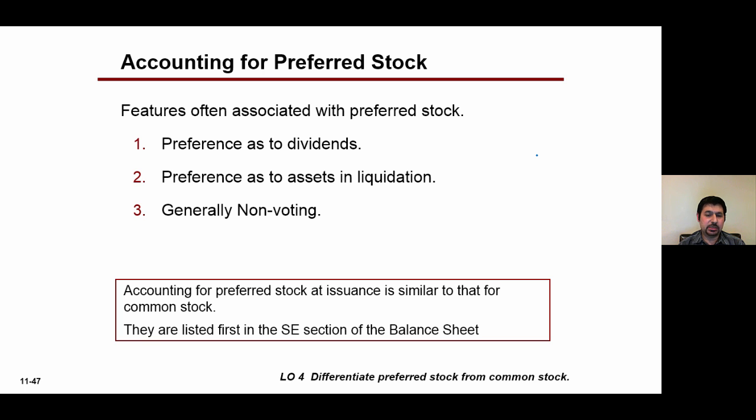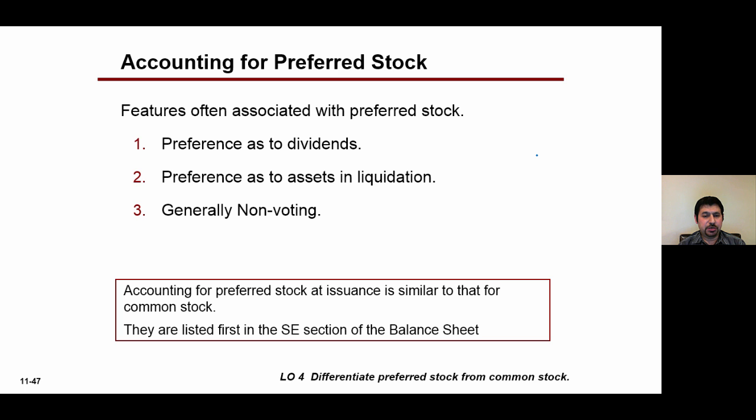Basically, if the company is bankrupt and is liquidated, first the creditors and lenders will get their money, and then preferred stockholders, and finally common stockholders. Generally speaking, while these stocks have preference to dividends and to assets in case of liquidation, they are non-voting stocks. They don't have the right to vote.